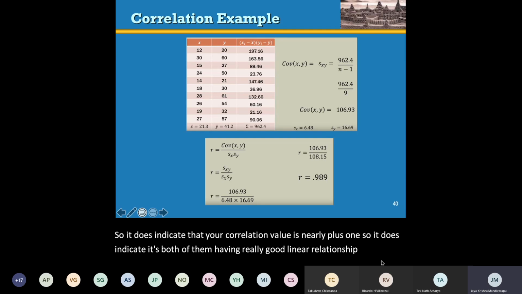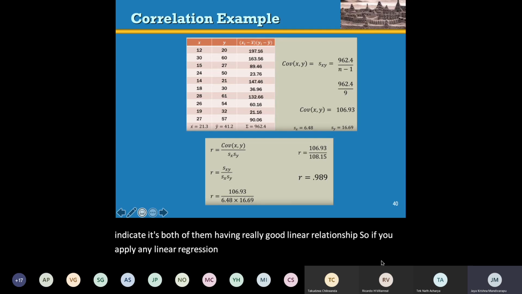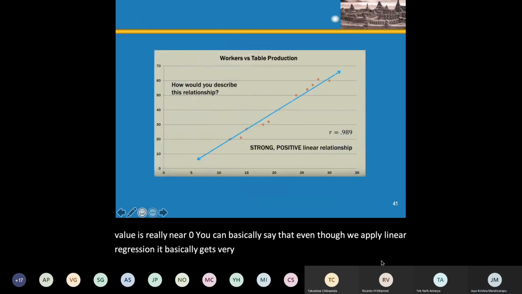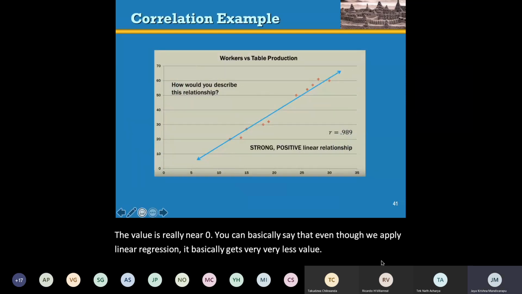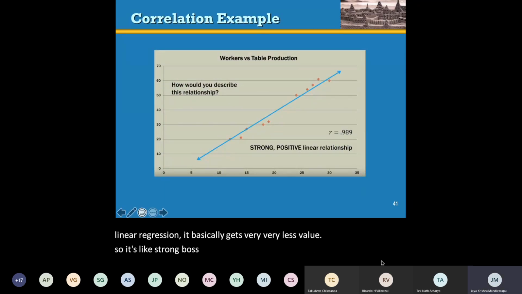So if you apply linear regression to it, you will get really good accuracy. If the value is really near 0, then even if you apply linear regression, you get very little value. So it's a strong positive relationship. It tells both the strength and the direction, whereas the covariance only tells you about the direction.